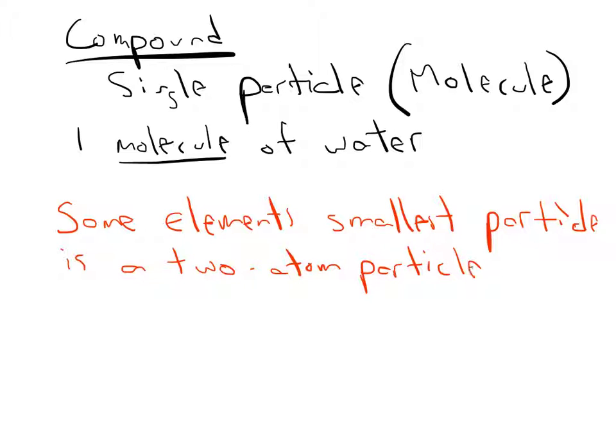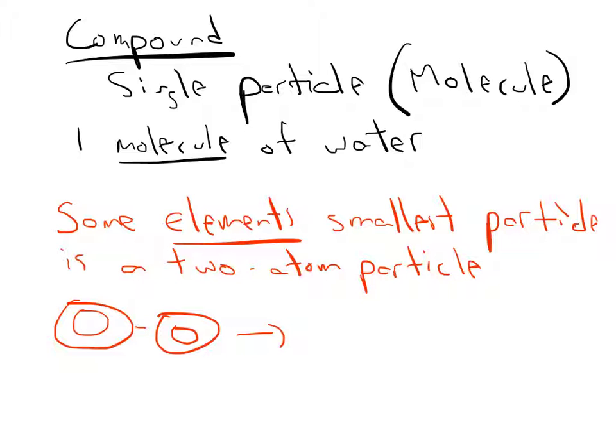For example, let's look at oxygen. Oxygen in nature does not exist as just a single O particle. It actually exists as two O particles. So this technically is what's called a diatomic molecule. And what that means is oxygen is an element, but it exists in nature as a two-atom particle.